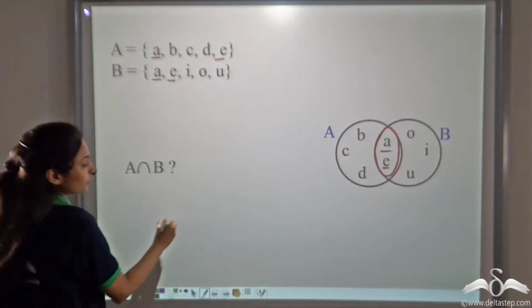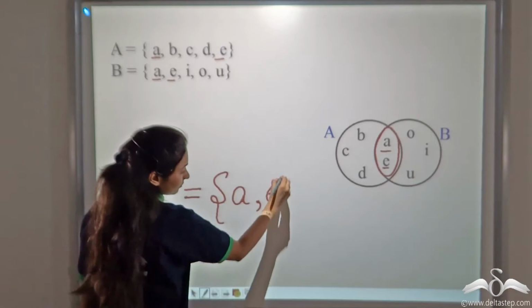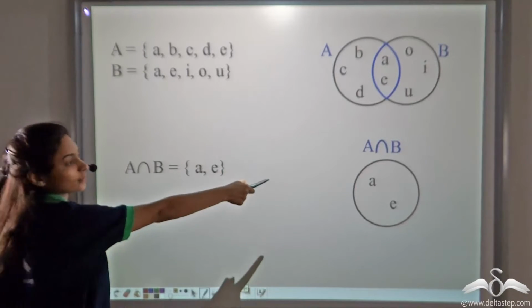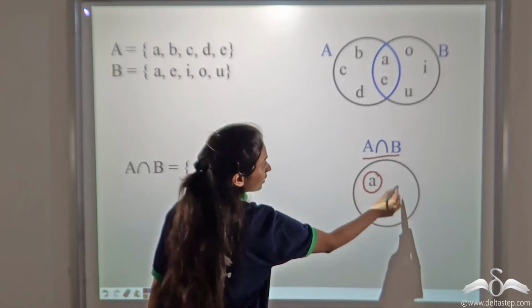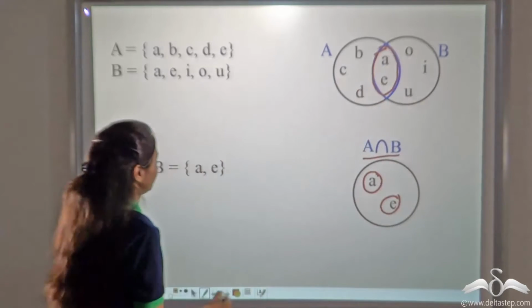So what is A intersection B here? It is A and E. So you get a new set, A intersection B, with the elements A and E. You get this answer from this shaded part.